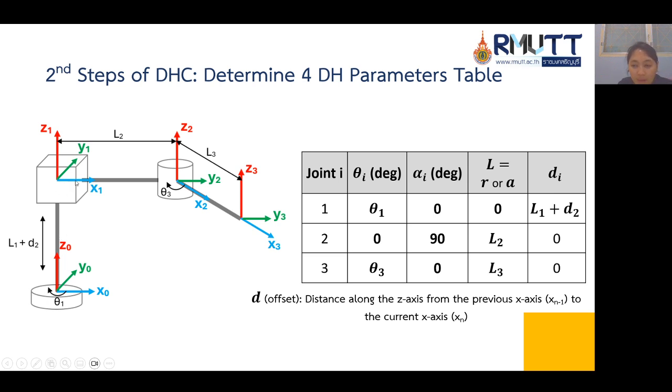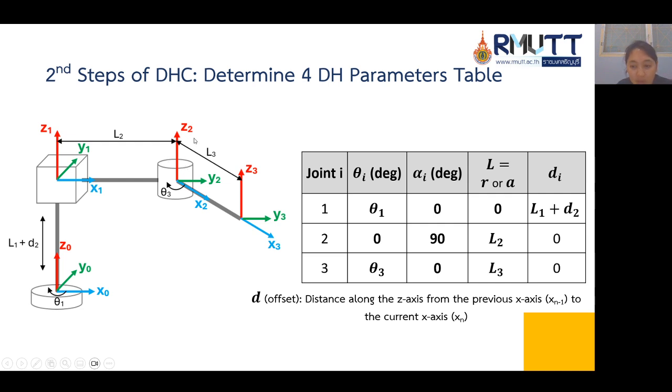And then for the second joint, there is no distance along the z-axis from x1 to x2, so the value of D is 0. The z-axis is aligned.